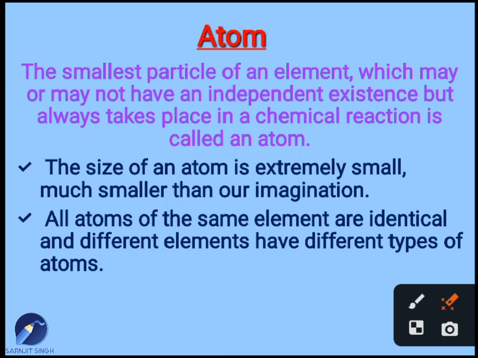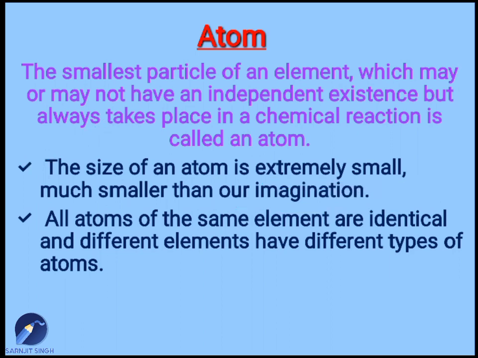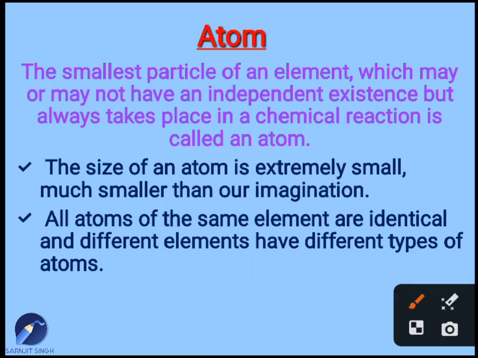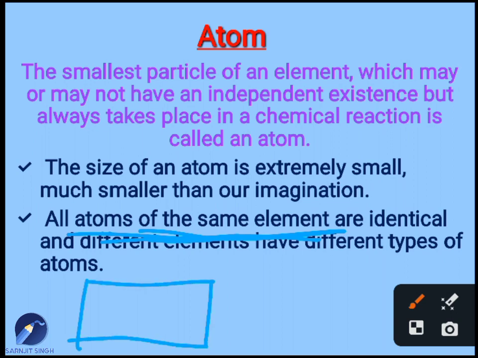Now the next point: the size of an atom is extremely small. It is very small, much smaller than our imagination, meaning we cannot imagine the size of an atom. Next, all atoms of the same element. Suppose you have an iron piece.